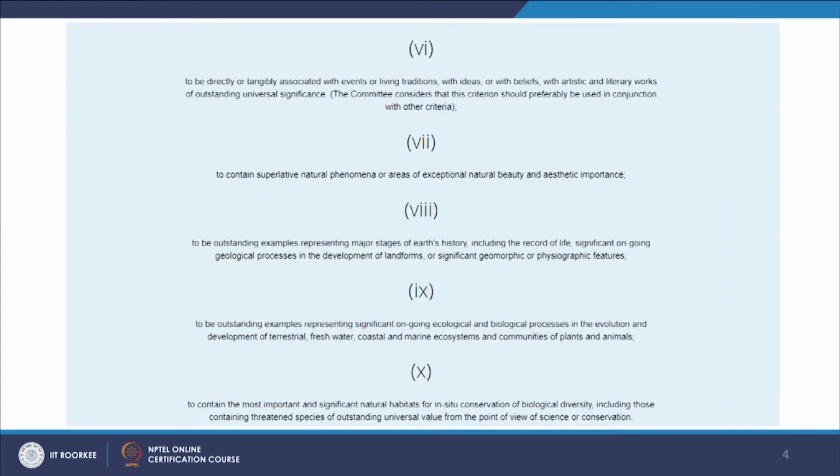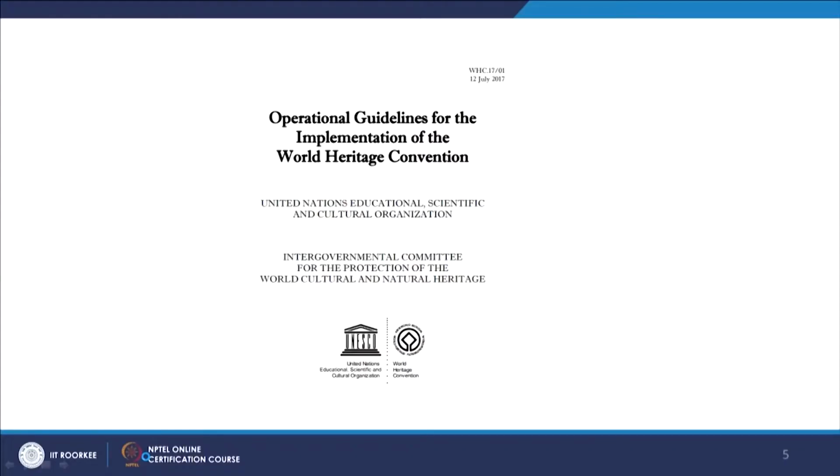So it is not only related to the tangible elements, but also the intangible elements, and how they actually evolve these tangible forms. Within the same lecture, we also introduced you to the operational guidelines, the latest one, which I'm referring to, of 12th July 2017.